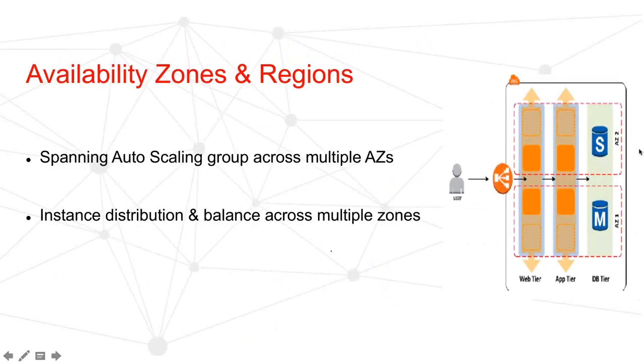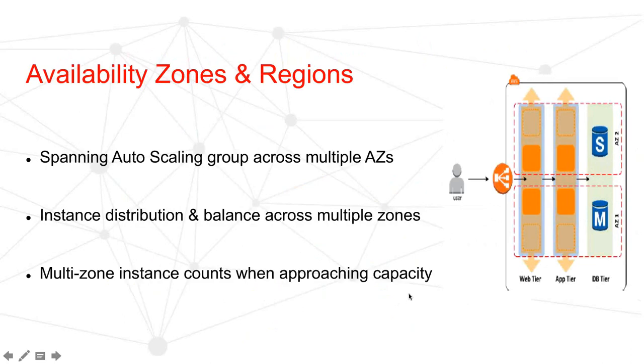Multi-zone instance counts when approaching the capacity. You define the capacity of the instances, that this is how many instances you want to run in your auto scaling group. As soon as the capacity is approached, it keeps a check on that.